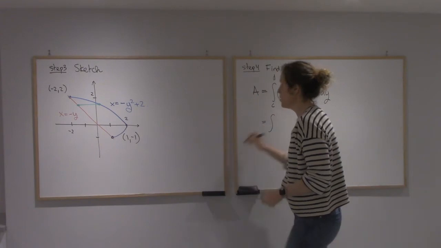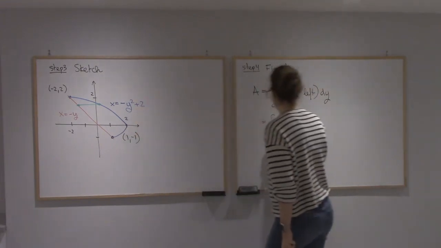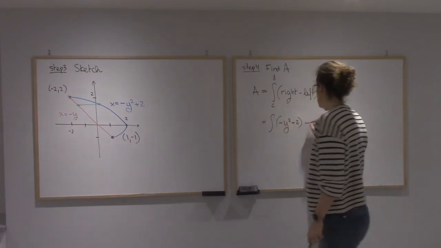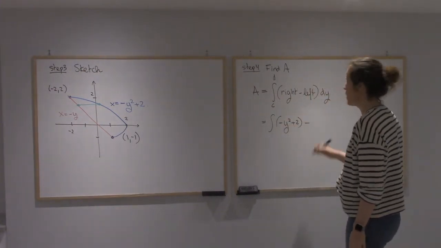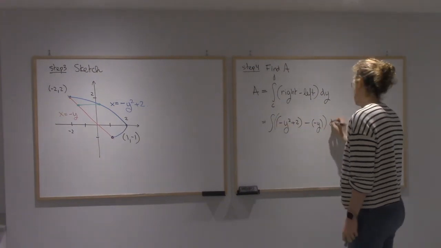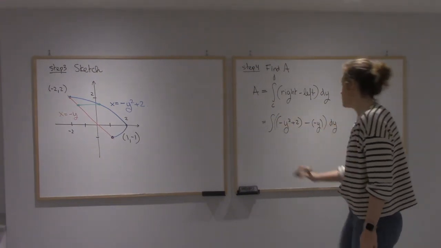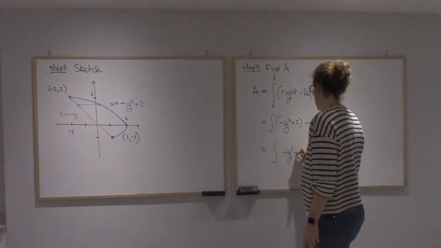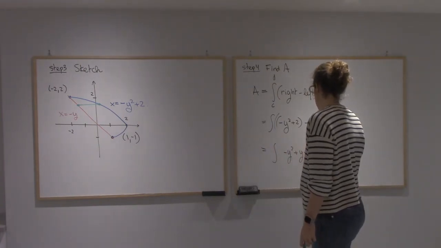Right, we said, will always be the blue curve, so that's minus y squared plus 2. Left will always be the red curve, so that's minus y. And so I'll be integrating minus y squared plus y plus 2.